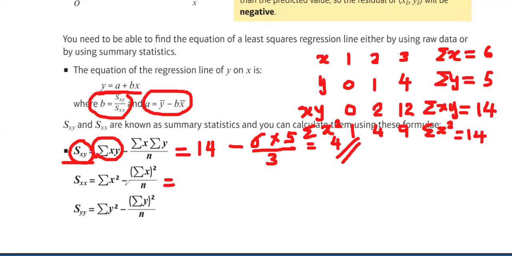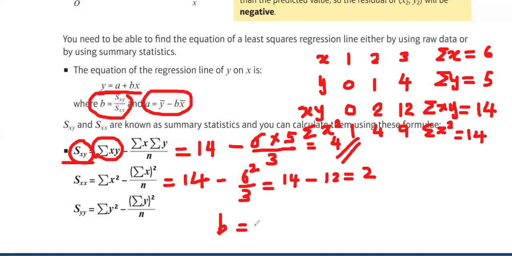Then sxx equals 14 minus sigma x equals 6, then 6 squared over n, the number of data, 3. Therefore, 14 minus 36 divided by 3, which is 12. Therefore, the final answer is 2. Then you can find b.